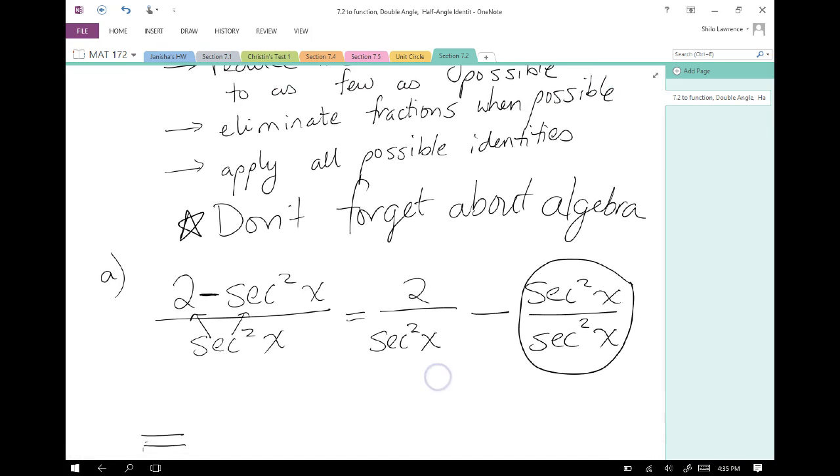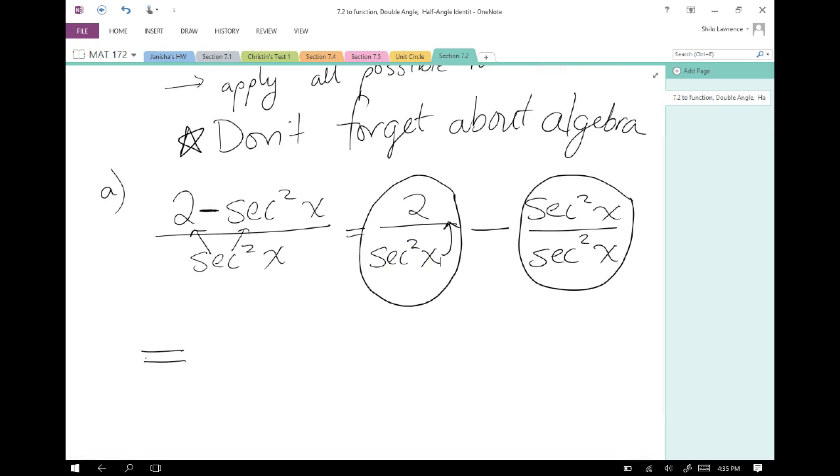One of the things I said to do is eliminate fractions when possible. And there is a way for you to eliminate the fraction here using a trig identity. There is a way for you to pull secant up to the numerator. There is a different trig function that's equivalent to secant if you pull it up to the top: the reciprocal function for secant, which is cosine.